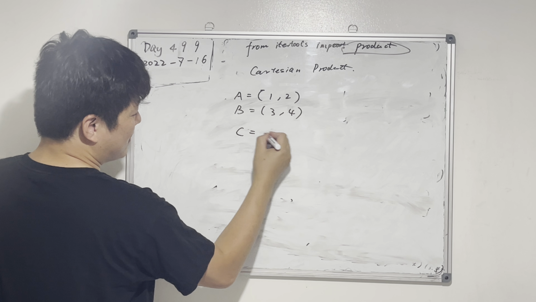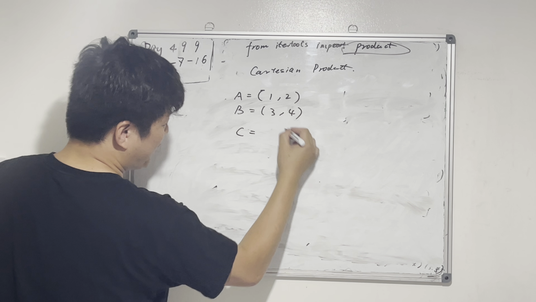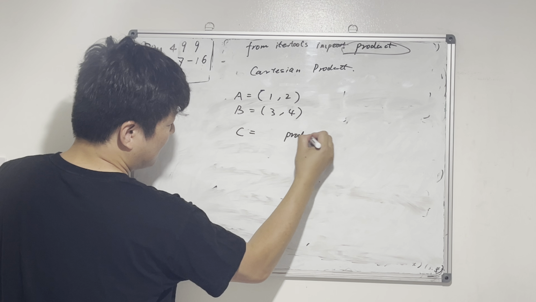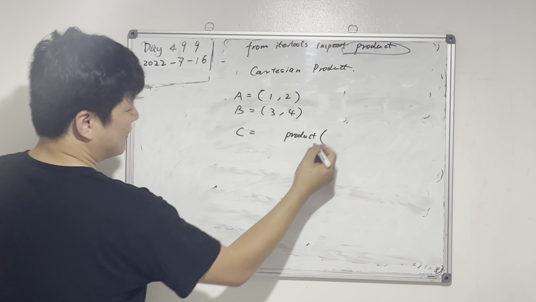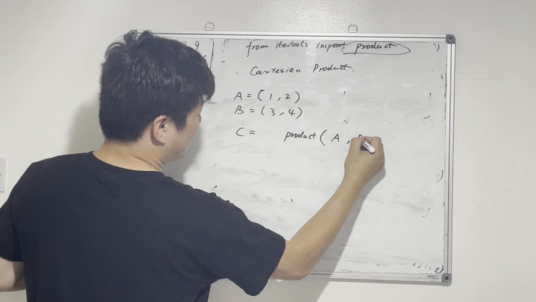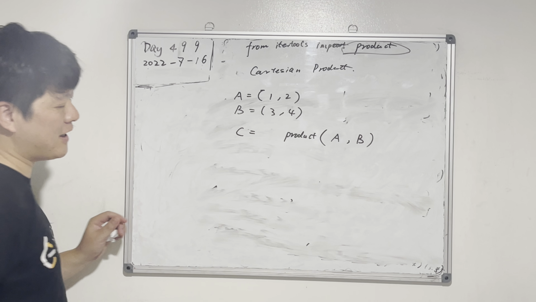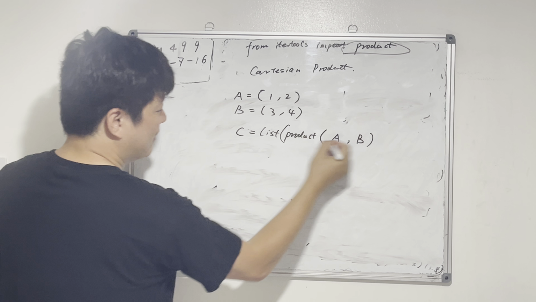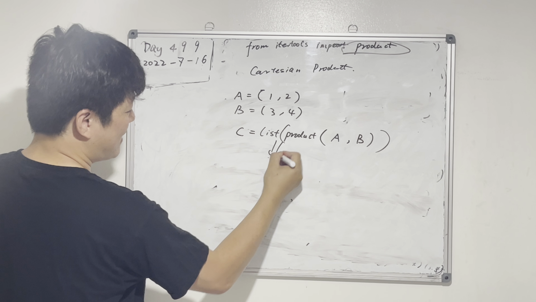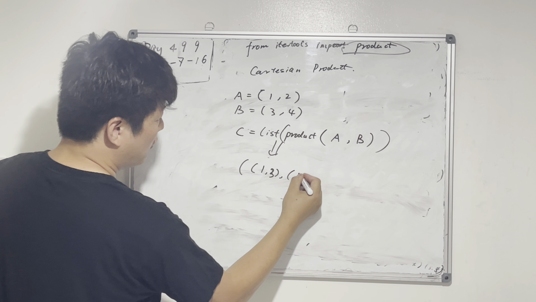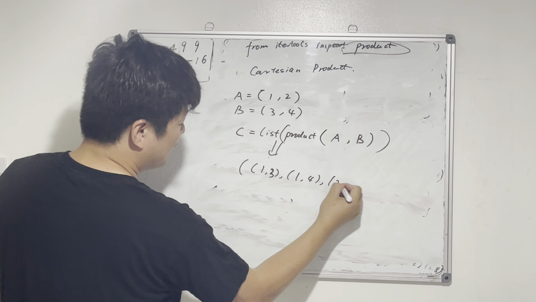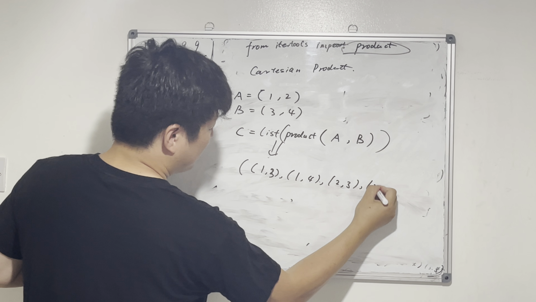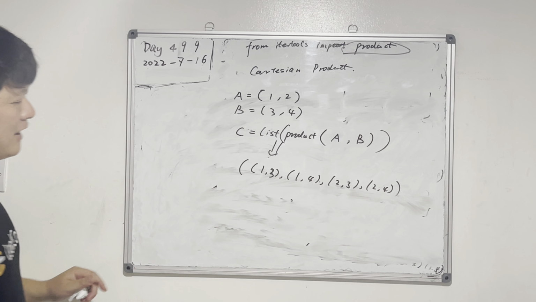C equals product of A, B. This is returning an iterator, so we convert it to a list. Then what do we have? Then C equals 1, 3, 1, 4, 2, 3, 2, 4. Okay? Simple as that. That's Cartesian product.